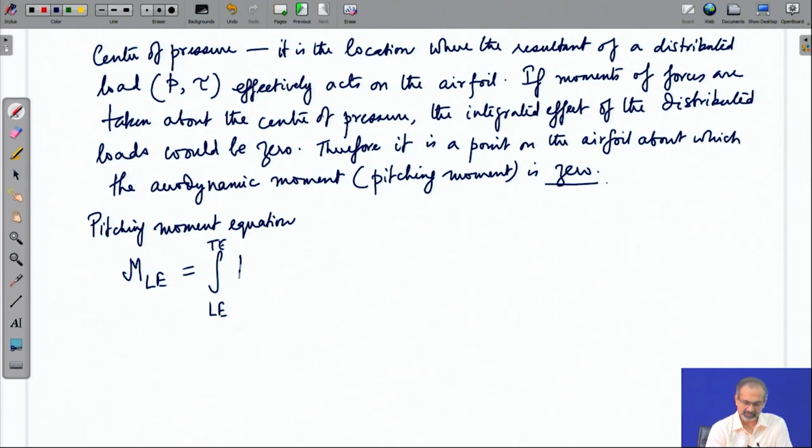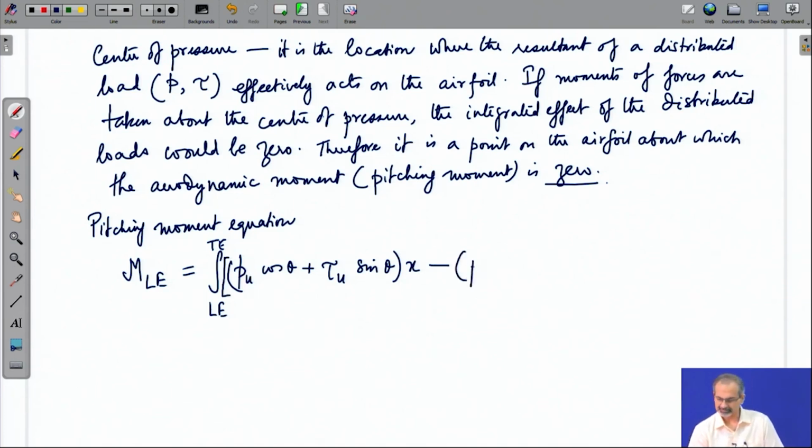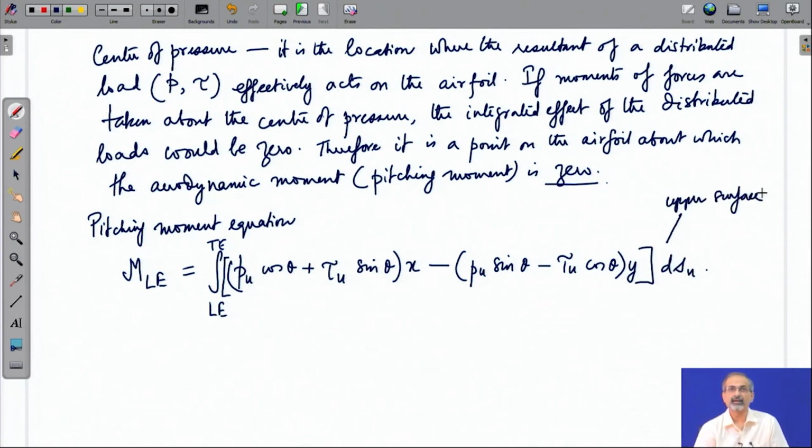So, we are recalling this equation where upper and lower surface pressure as well as shear stress participated in creating the moment about the leading edge. This is for the upper surface, and we similarly write it for the lower surface, and remember that theta from point to point would depend on the surface geometry. We were just talking about the airfoil geometry a few minutes back.